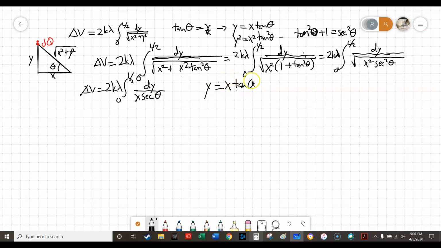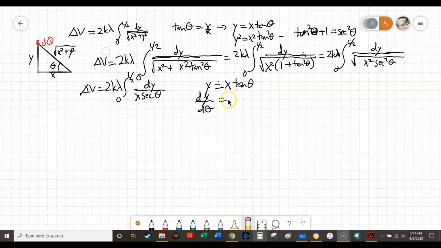Tangent of theta. And I'm going to differentiate dy with respect to theta. So this is y, so we're going to take the differential of this, tangent of theta, d theta.